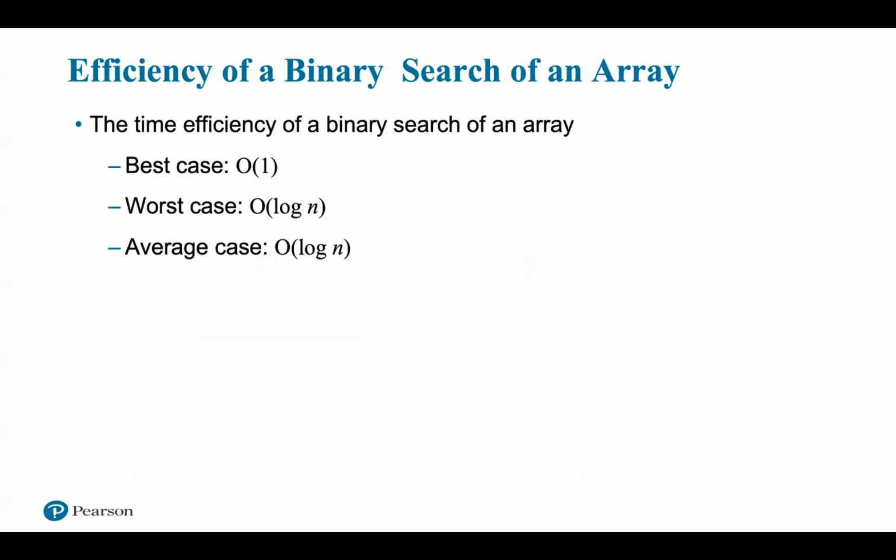So what is the efficiency of the binary search of an array? The binary search algorithm eliminates about half of the array from consideration after examining only one of its elements. It then eliminates another quarter of the array, and then another eighth, and so on. Thus, most of the array is not searched at all, saving much time. Intuitively, the binary search algorithm is very fast, but how fast is it?